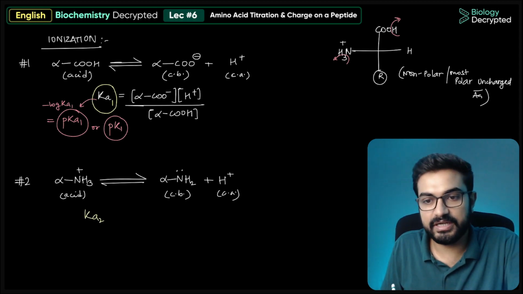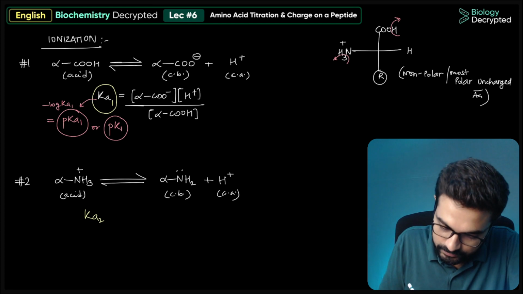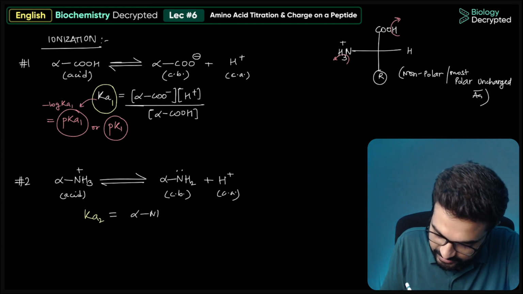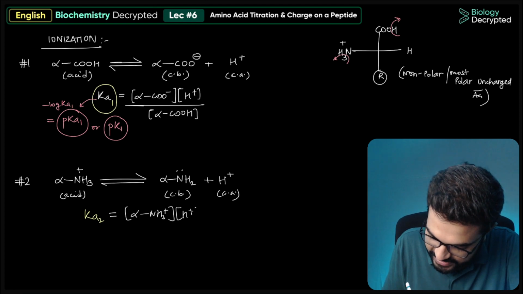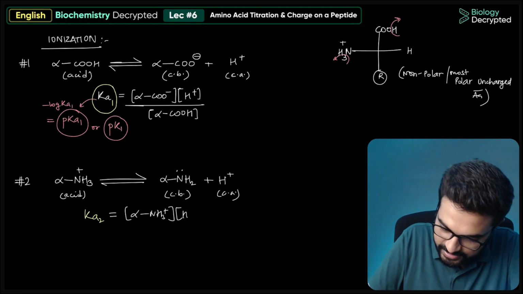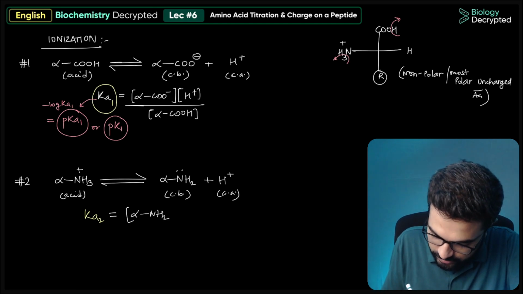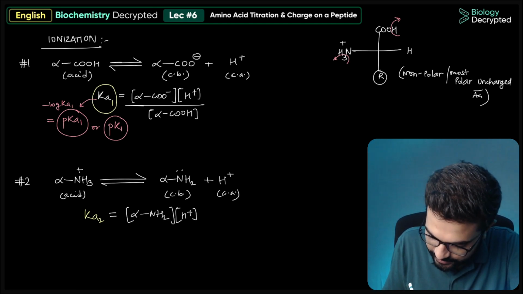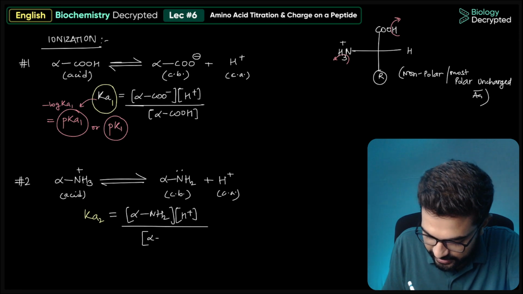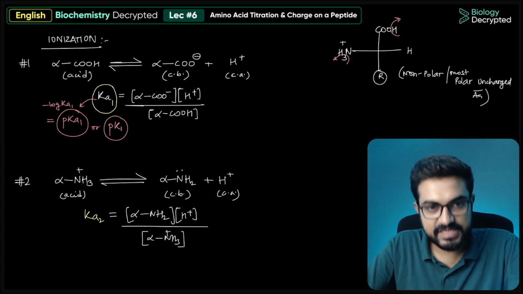Ka2 will be equal to alpha NH2 concentration multiplied by H plus ion concentration divided by alpha NH3 plus concentration. This is how we will represent it.